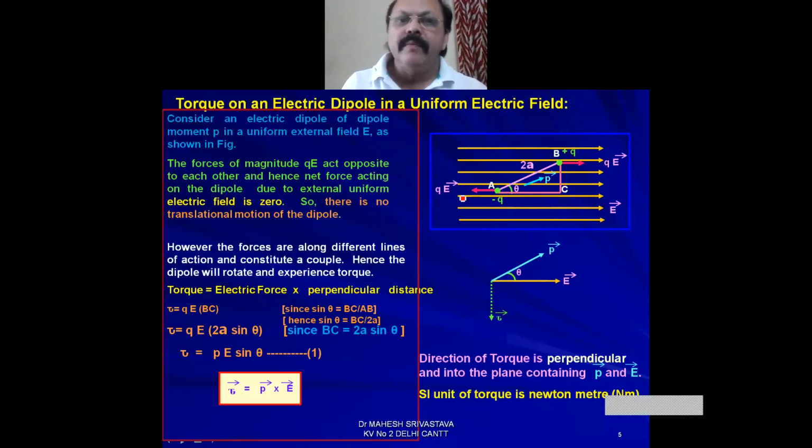So both the forces of magnitude qE act in opposite direction, due to which the net force acting on the electric dipole is zero when placed in an external uniform electric field.